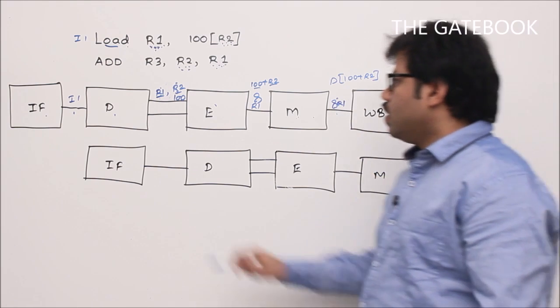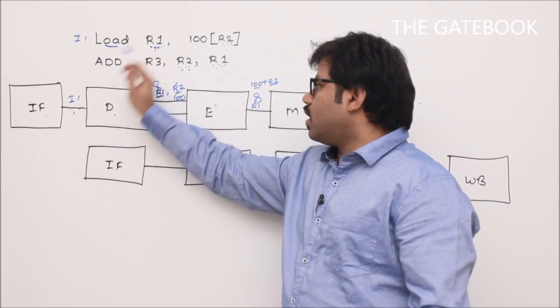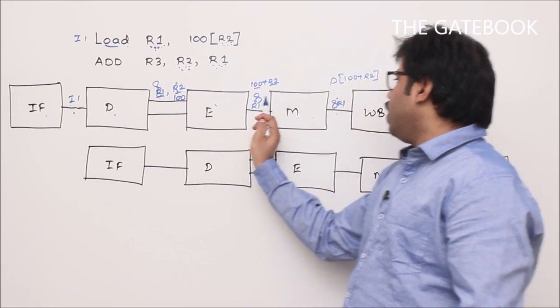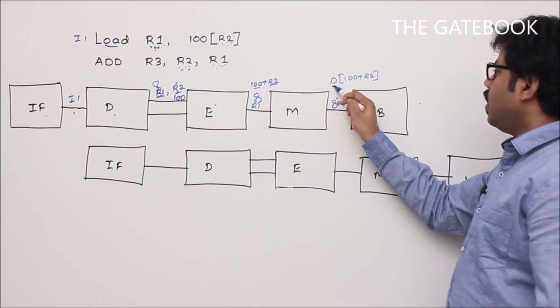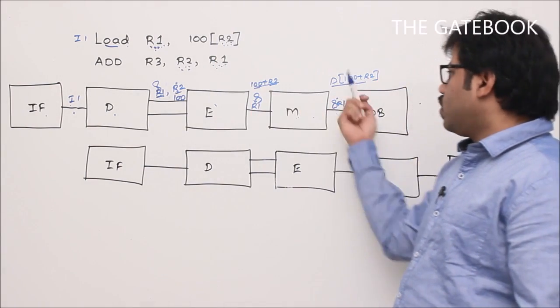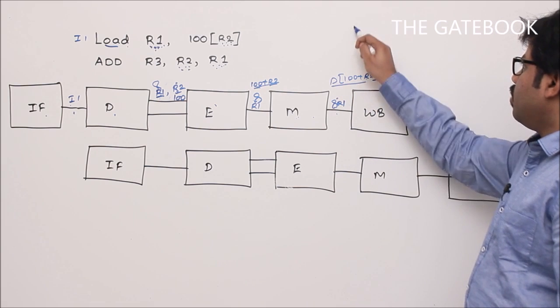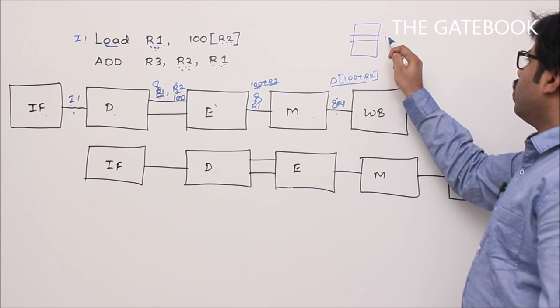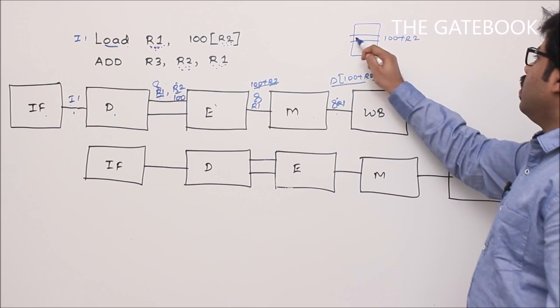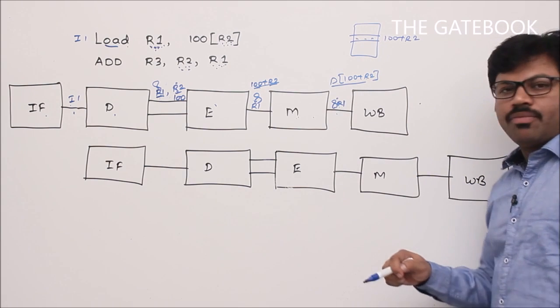Try to understand. Slowly the address of R1 will be forwarded from this stage to this, this to this, and so on, while the other content keeps changing. We used 100 plus R2, the total stuff. Finally the data at 100 plus R2, which is in memory, has to be stored at the address of R1, right?